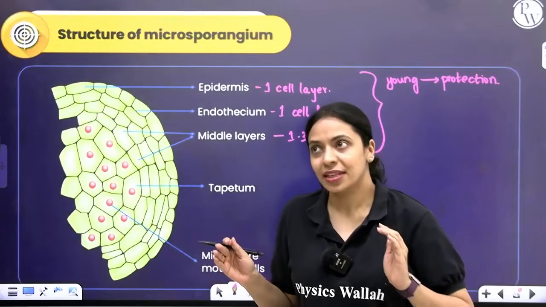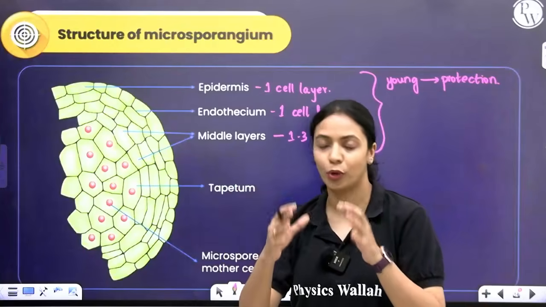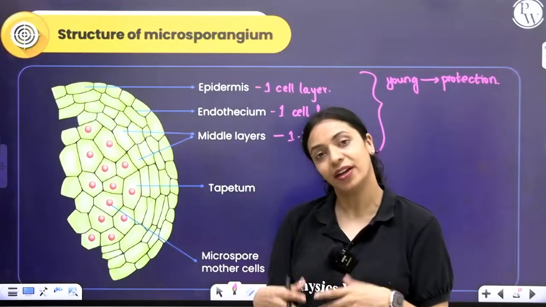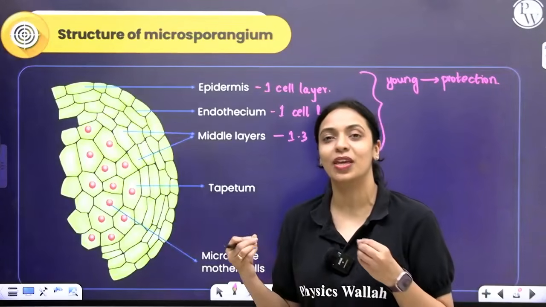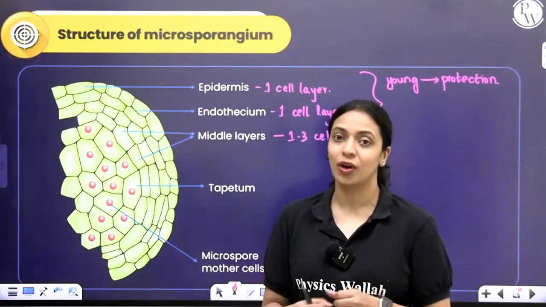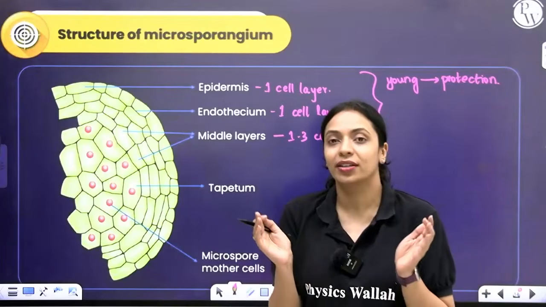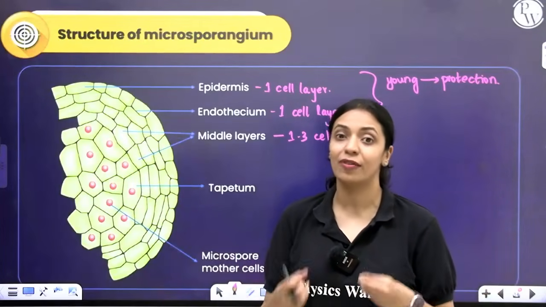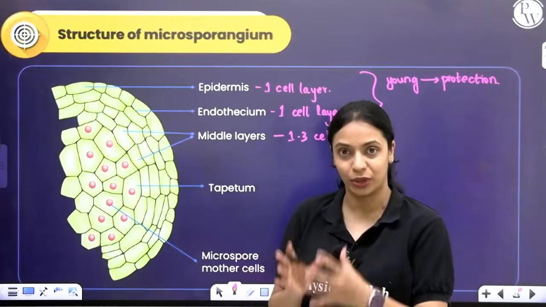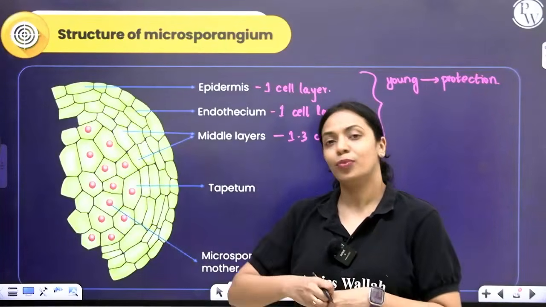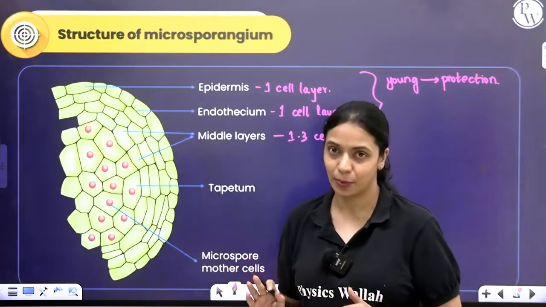The wall layer shouldn't always be intact and protecting the pollen grains. Of course, whenever protection is required, it has to offer protection. But when it is time for the pollen grains to be released, then the anther wall has to break open and release the pollen grains. If it is a protective wall throughout, then even after the pollen grains have formed and the anther is matured, if the wall is intact and still protecting, then the pollen grains cannot be released. If the pollen grains are not released, how does sexual reproduction in plants even take place, right?